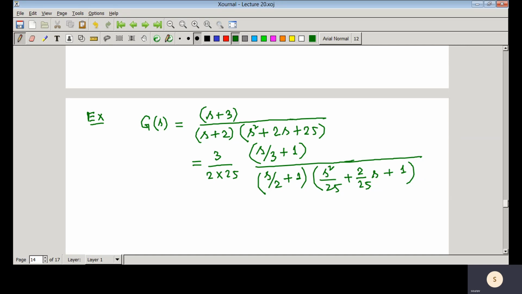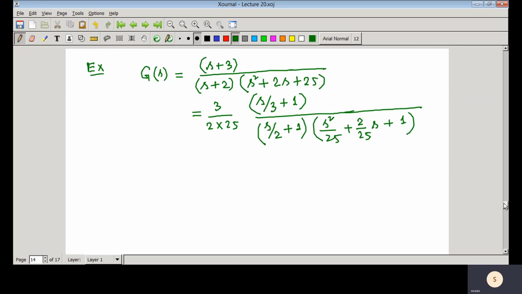So here we have two first order terms and one second order term, and there is a constant that is 3 by 50. So let us draw the magnitude plot.